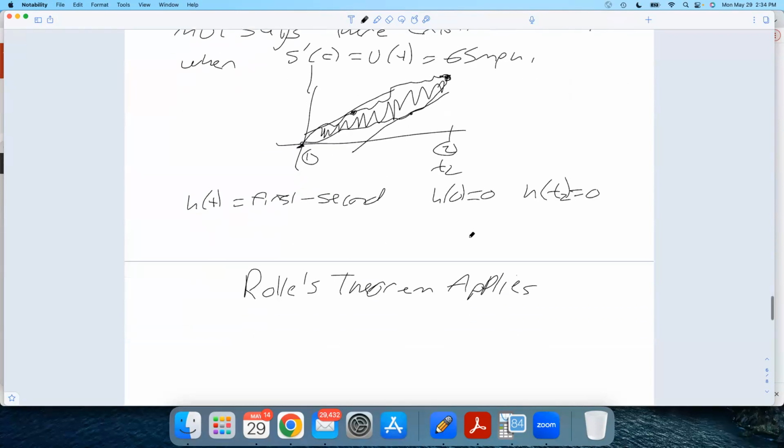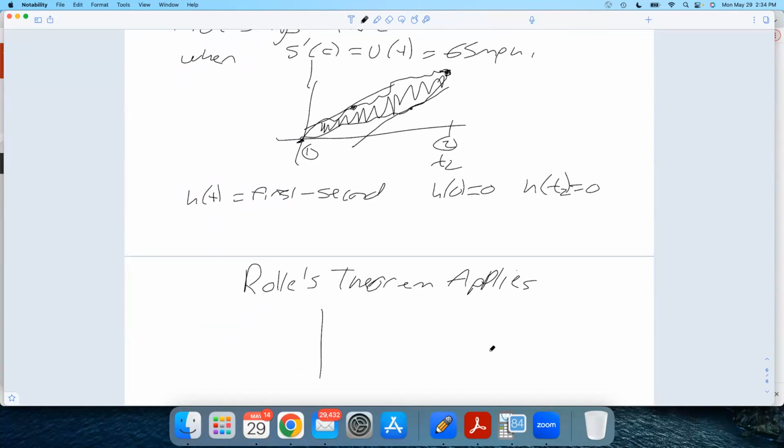And Rolle's theorem says if your starting and ending values are 0, or even just the same, they don't have to be 0, so if I were to graph h versus t, and my starting and ending values are 0, then there must exist some point in the middle where the derivative is 0.